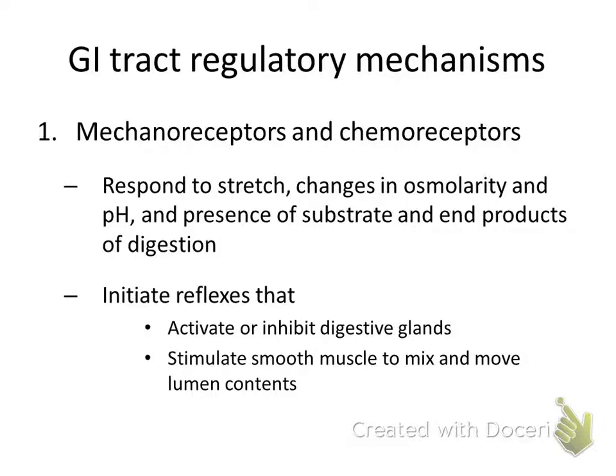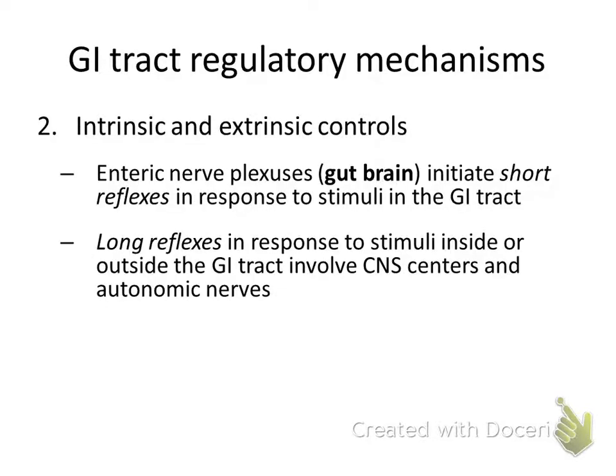All right, and I already told you what they do, right? That they're going to help to control the secretions of things, as well as muscle contracting to help with things like mechanical digestion. When we look at how this control happens, so we know the receptors that are going to be monitoring things.